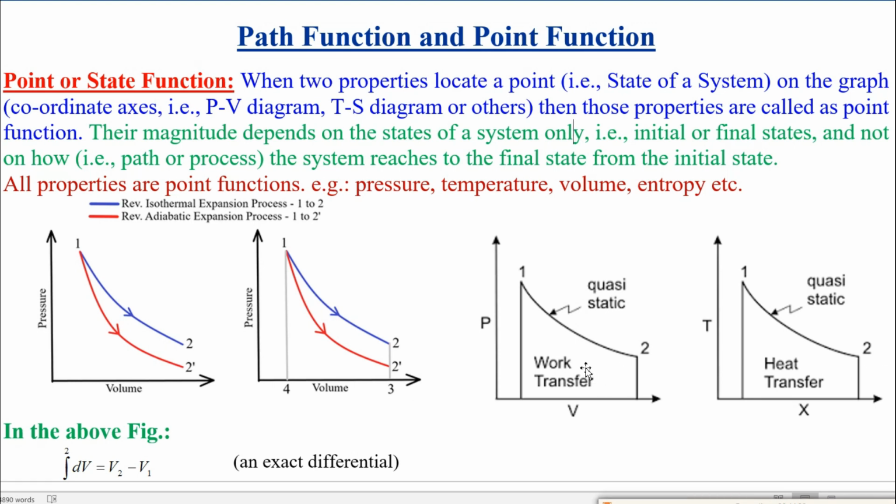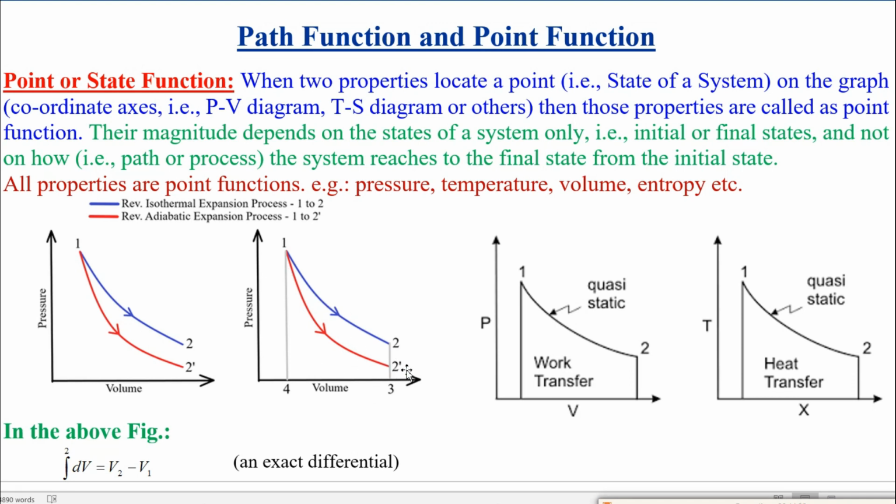So here the work transfer or heat transfer depends upon the path 1 to 2. Here the path 1 to 2 and 1 to 2 dash are different paths. So the area below the red line is less than the area below the blue line.